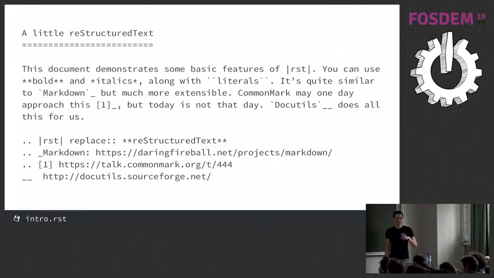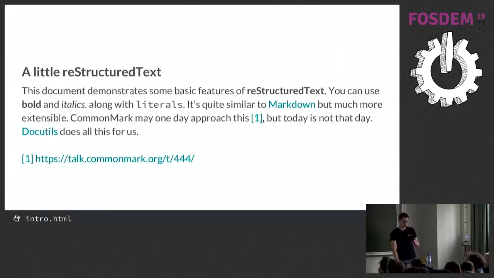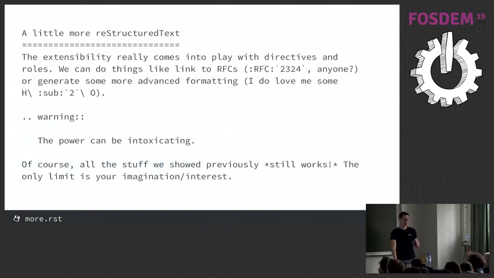So for anyone that hasn't seen it before, this is restructured text. It looks kind of similar to Markdown, something slightly different, not quite as simple to write, if you use it at the very basic level. Restructured text, though, differs from Markdown in that it adds a whole load of additional functionality through roles and directives.